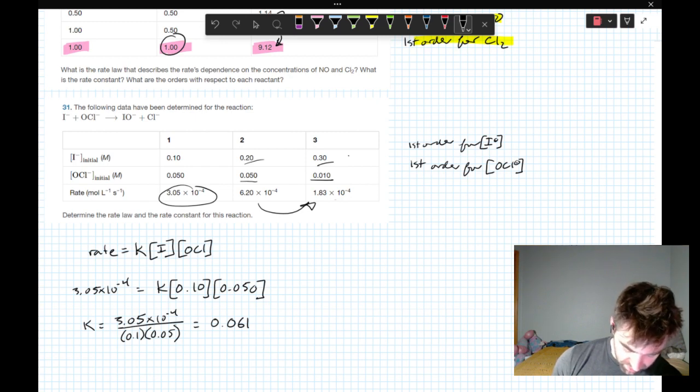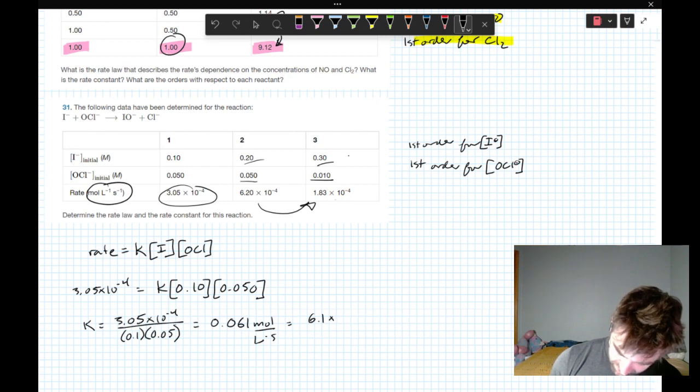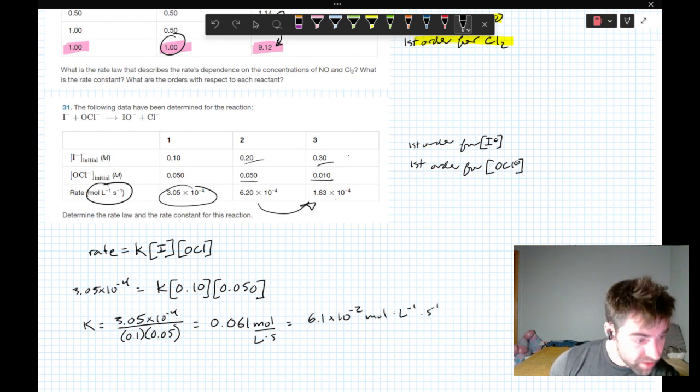And our units are in moles per liter times second, which can also be written as it is up here. And we're good scientists, so we're going to do it in scientific notation. 6.1 times 10 to the negative 2 liters, moles, inverse liters, inverse seconds.